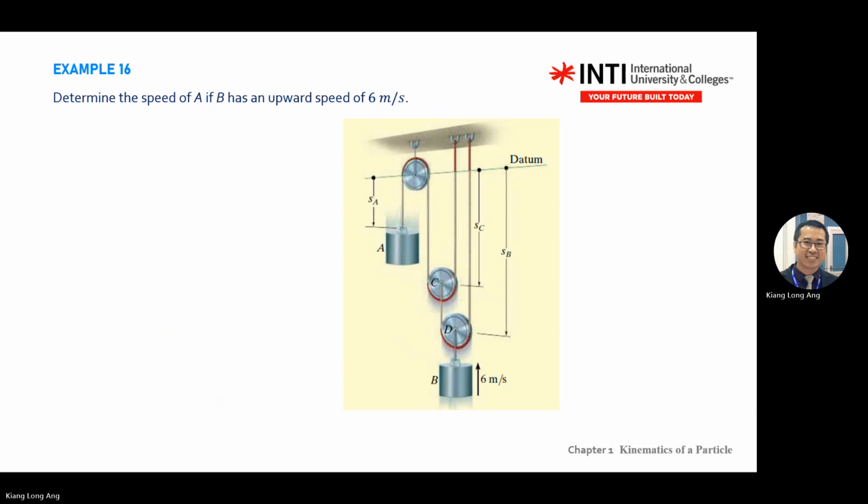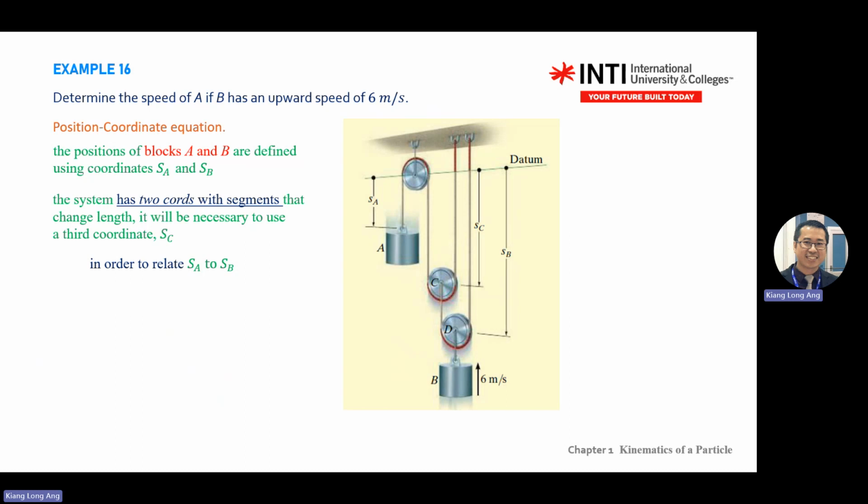Okay. Now when B goes up, what happens to A? B moves up, A goes down. Okay. Do you see the different lines here? This is one line. This is another line. So again, this question has two chords.